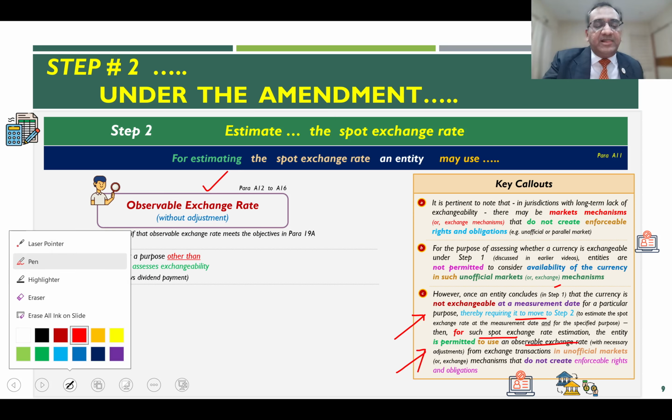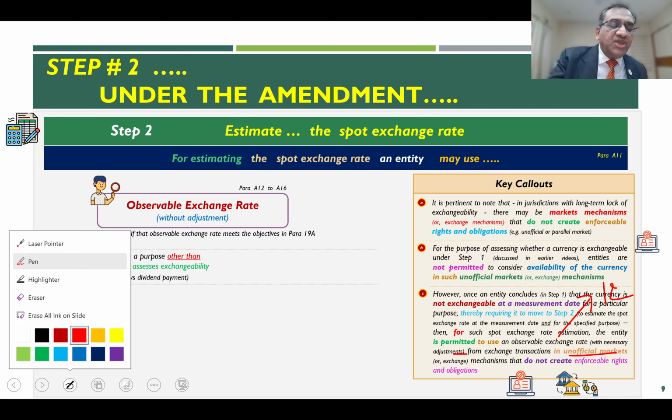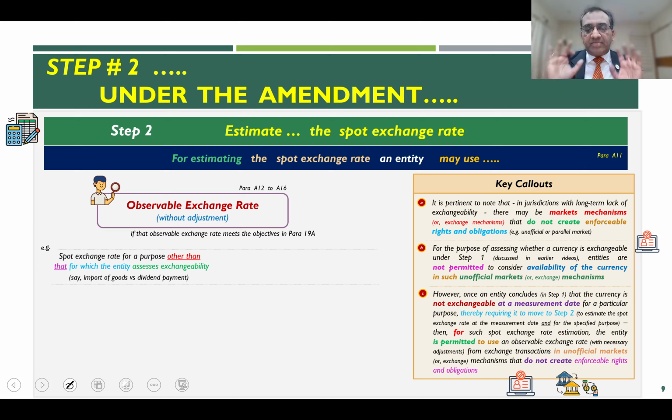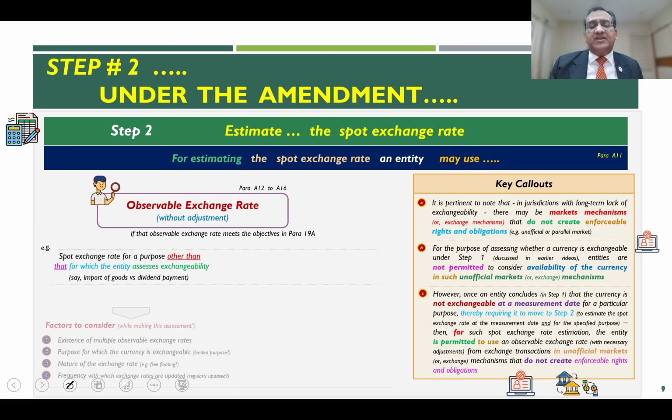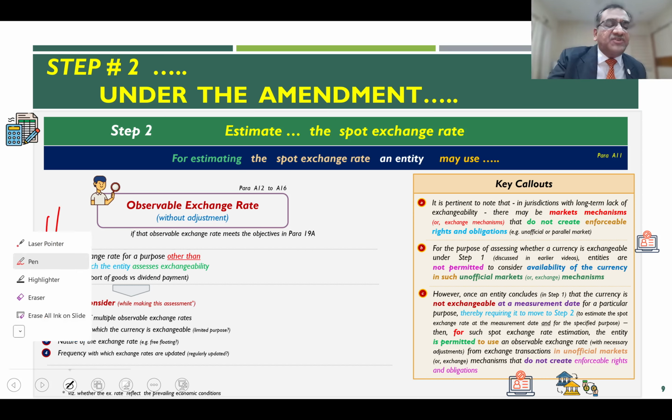In my example, that was 12 rupees, with the necessary adjustment for characteristics of an unofficial market. That's the way you can apply this methodology. Now, when you are applying this methodology, what are the factors which you need to consider?